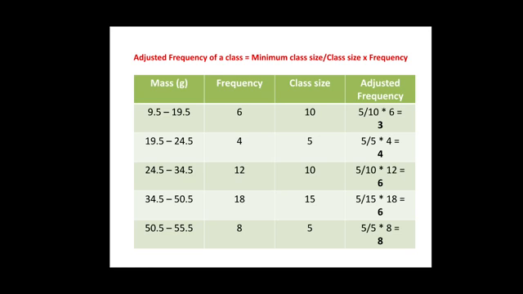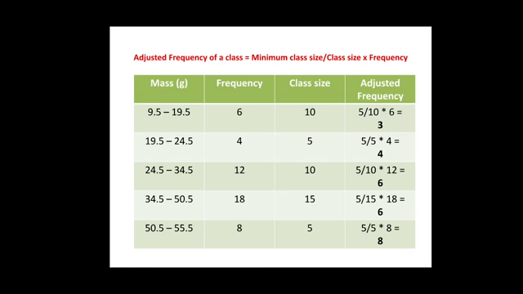Now let us add another column which gives the adjusted frequency of each class. Adjust the frequencies with the help of the formula, which is adjusted frequency of a class is equal to minimum class size divided by class size of the concerned class multiplied by frequency of the concerned class.